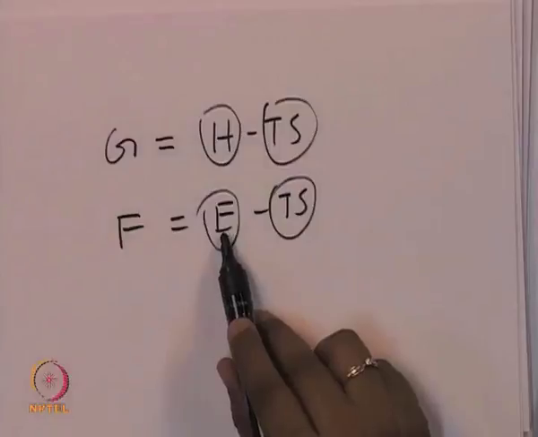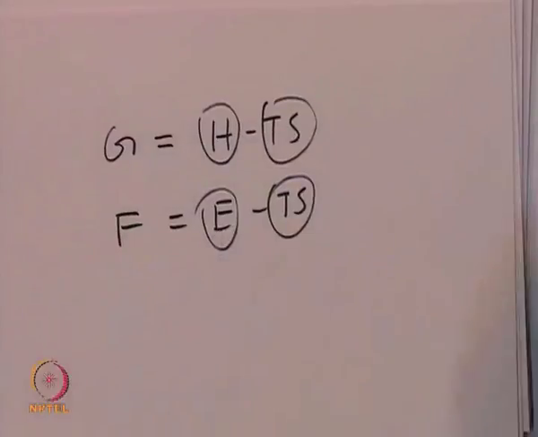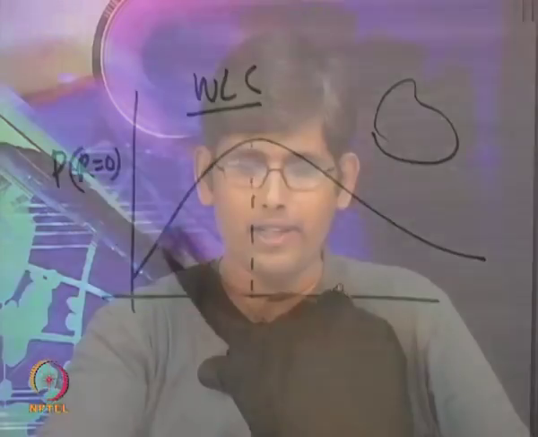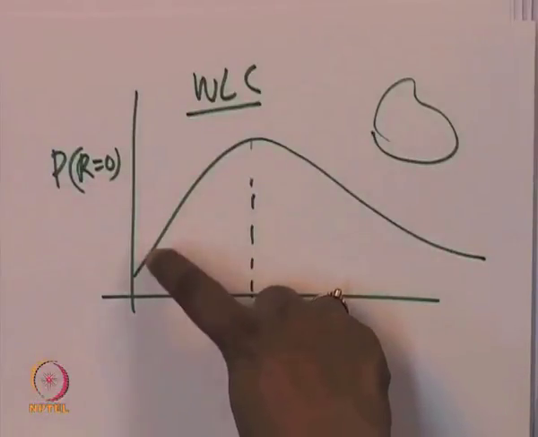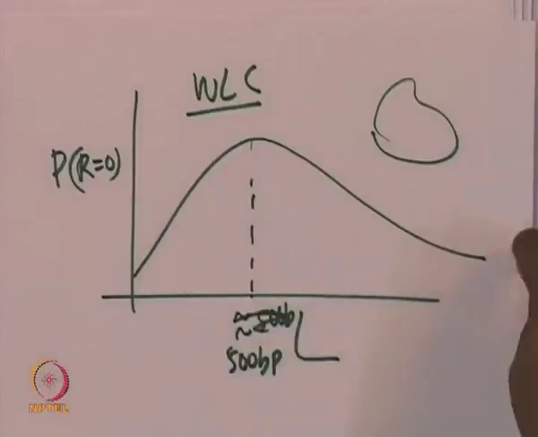Energy does not want the DNA to bend, because if you bend the DNA, it costs a lot of energy. So for the short filaments, energy dominates. That is the first part of the curve, where the energy part of the free energy dominates, and here the entropy dominates.